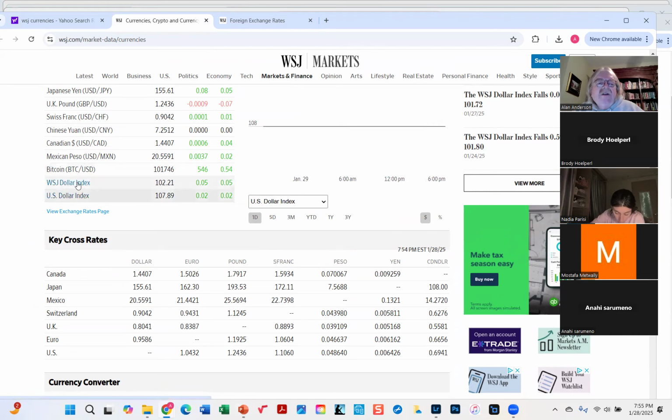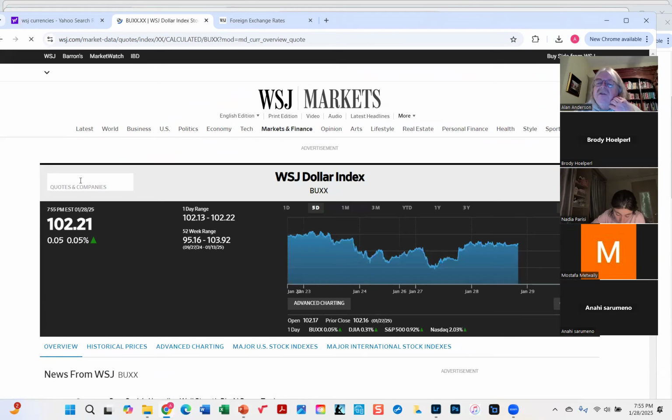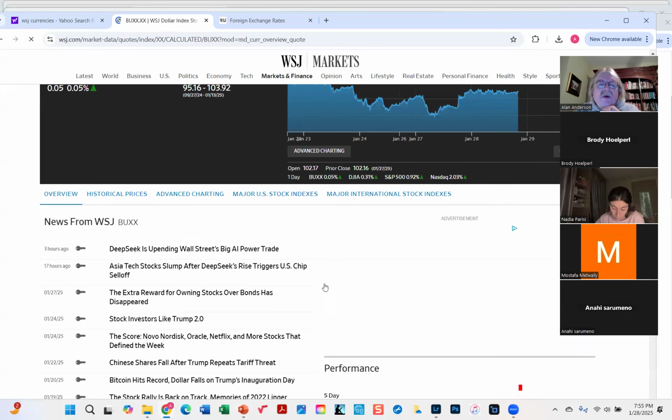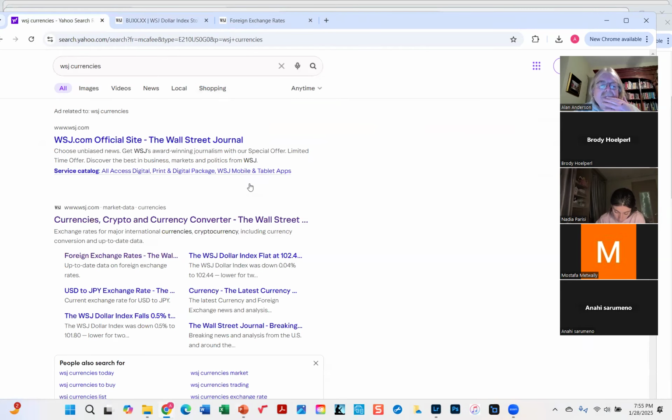US dollar index is here. This is an attempt to capture the behavior of a large basket of currencies all at once rather than looking at individual exchange rates. For example, you might want to know how the dollar is doing against all of its major trading partners, not just individual exchange rates.